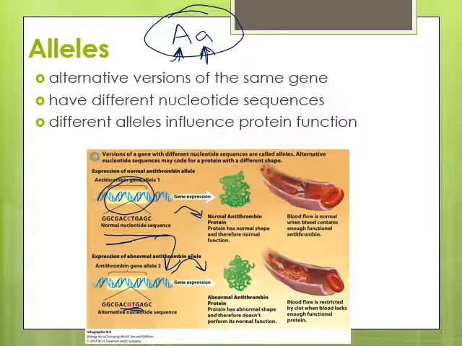Down here, where we changed one nucleotide, it's our alternative nucleotide sequence, and now we've produced an abnormal antithrombin protein. It has an abnormal shape, and that means that it doesn't perform its normal function. So now we don't have a functioning antithrombin protein, which means that blood flow is restricted, it can clot, it lacks that functional protein to keep the blood from clotting normally.